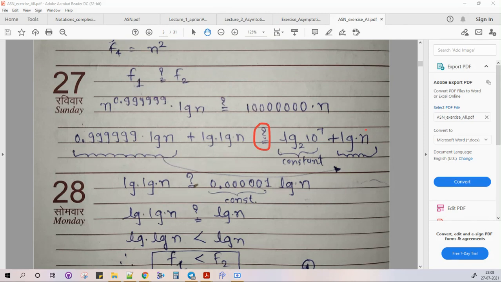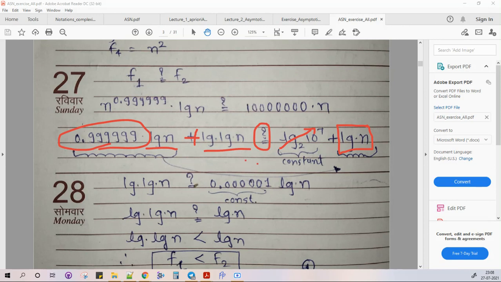Here on the right hand side I have a function of n, which is log n, right? This is some constant, you can ignore it. Now on the left hand side I have log n with some multiplication, plus another function log n.